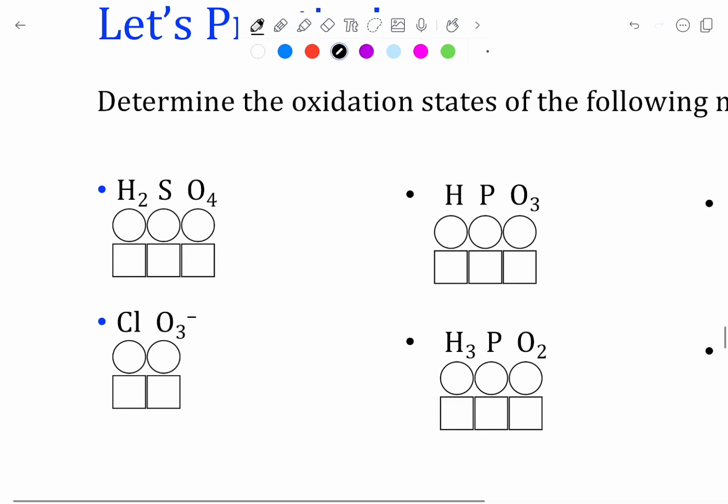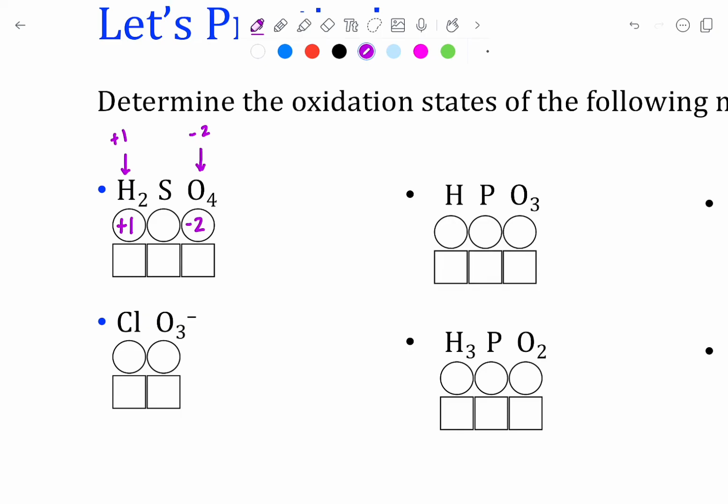So to start these problems, we put in the oxidation numbers that we know based off of our rules. Well, we know that hydrogen is always going to be a +1 and oxygen is always going to be a -2. So that's what we would put into the circles. The individual hydrogen atom has a +1 and the individual oxygen atom has a -2.